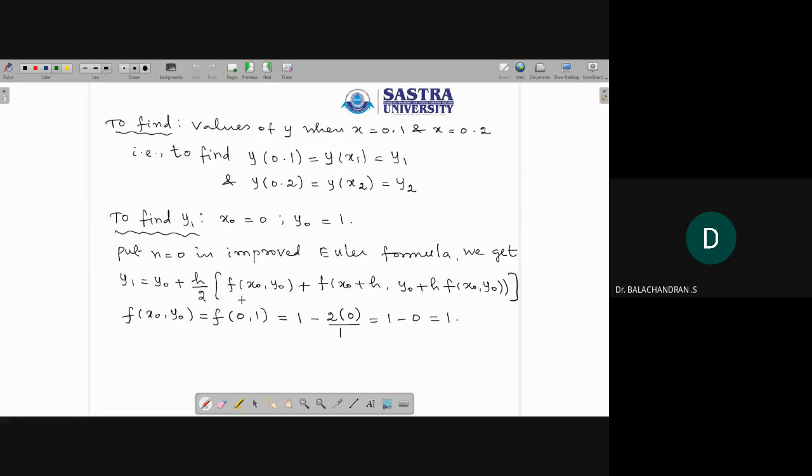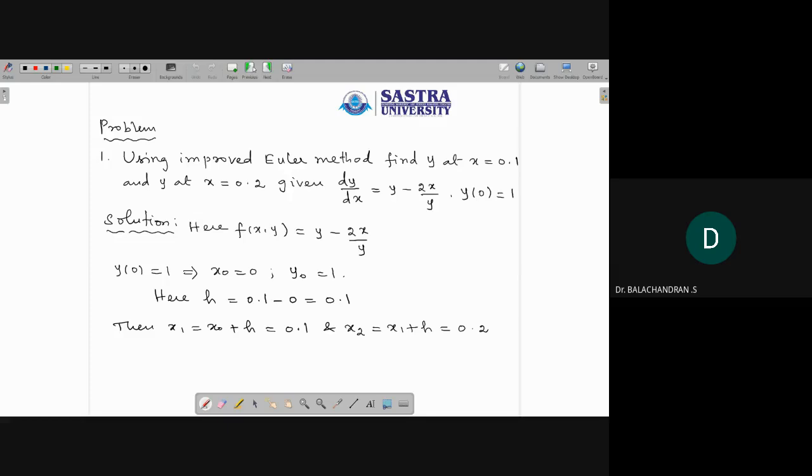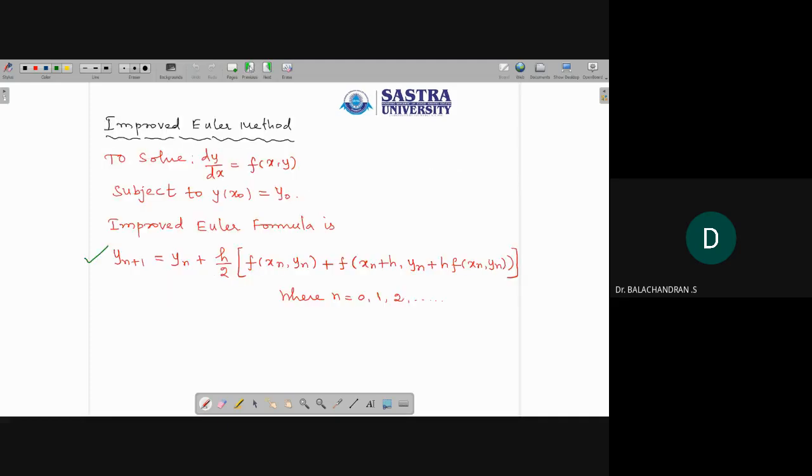Okay, now first I am going to find f of x naught comma y naught value. Please check the formula. So here we have plus.